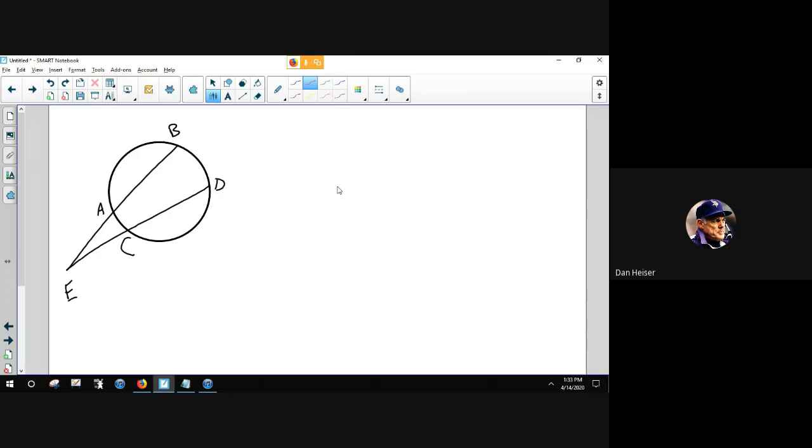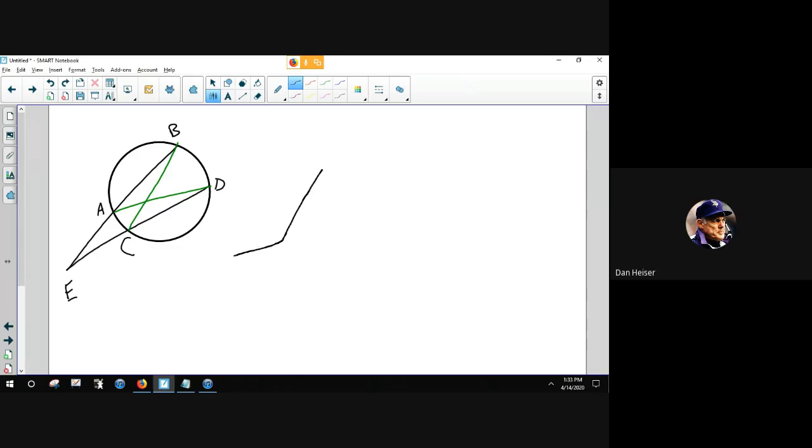So to start figuring out this property, I'm going to connect a couple of points. I'm going to connect A and D. And I'm also going to connect B and C. And besides making the picture a little more complicated, what I've done is create some triangles. And I'm going to sketch those triangles out to the side here.